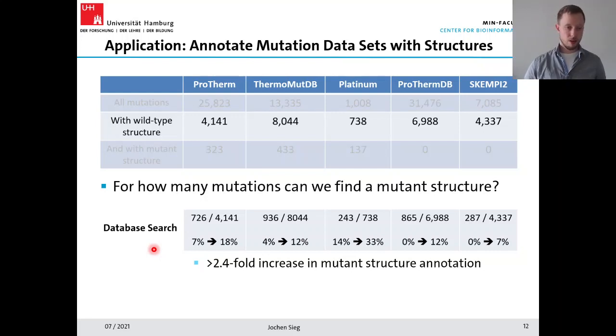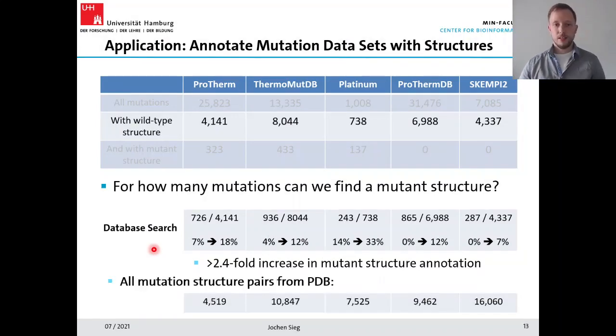But what I also want to show here is that in addition to just annotating the mutations that are present in the mutation dataset, we also find many different wild-type mutant structure pairs in the PDB, which are not necessarily included in the mutation datasets.